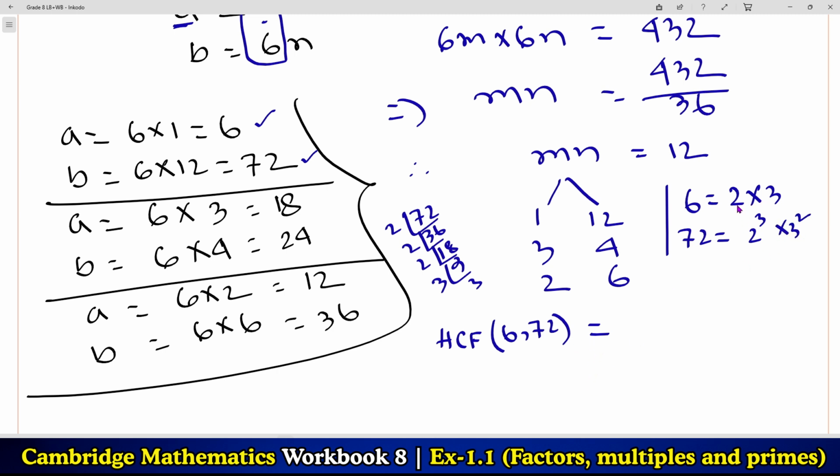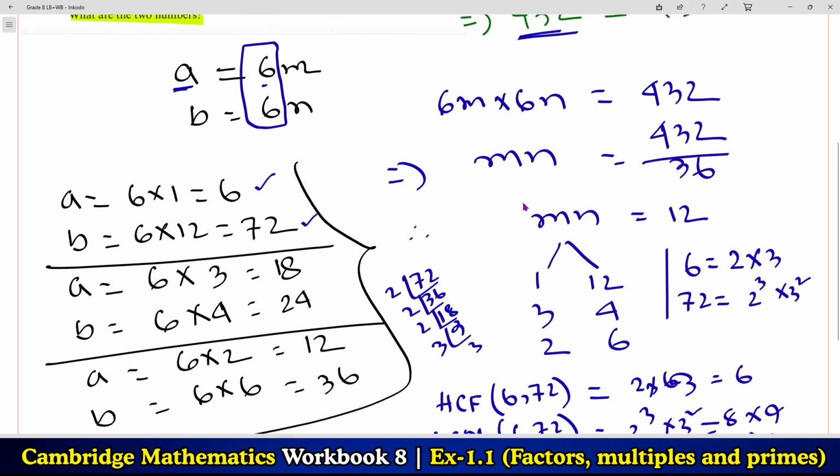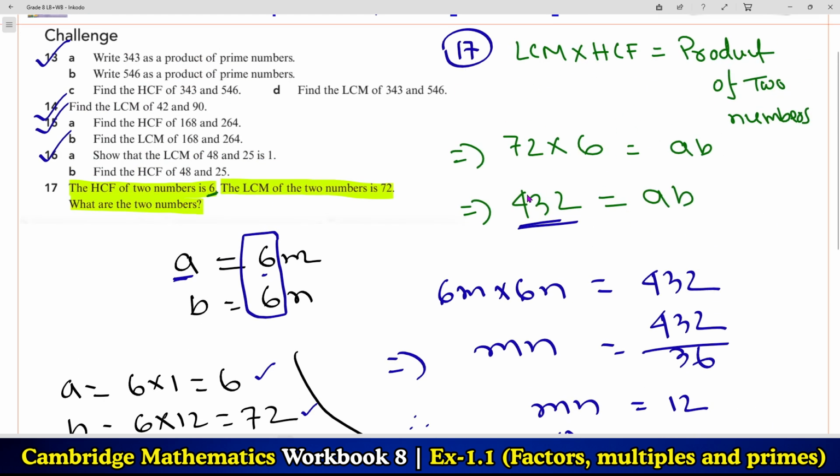So here 2 and 3 are common, and 6 is our HCF. It's okay. Now the LCM of 6 and 72: 2 cube and 3 square, 2 cube means 8 times 3 square means 9. It's 72. So the combination of 6 and 72 is okay.